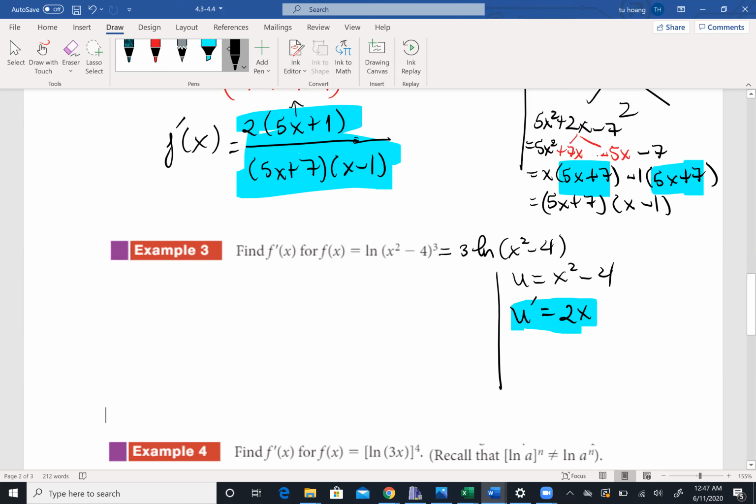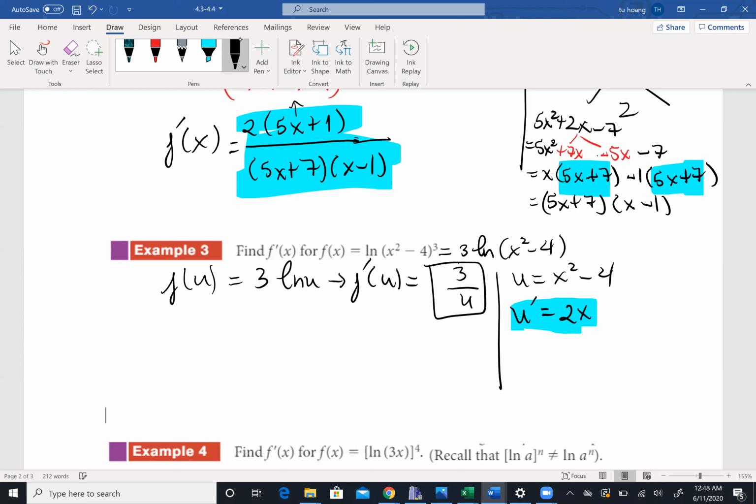Now I would like to find the derivative of the outside function. f of u is 3 ln u. Then f derivative of u is equal to 3 times 1 over u, or you can rewrite it as 3 over u, the outside derivative.